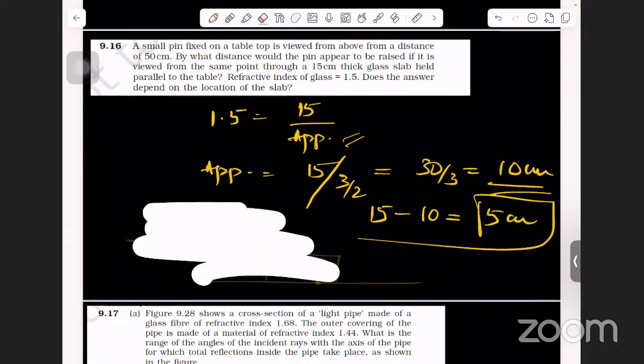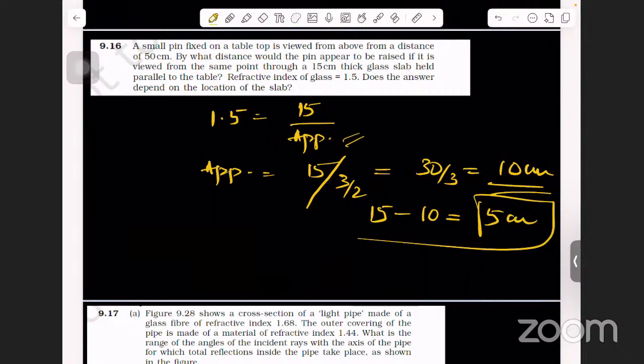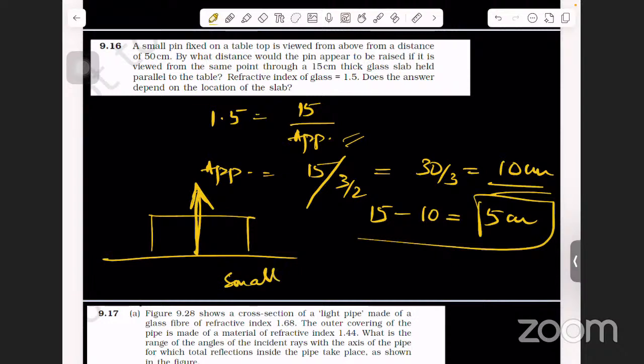Actually, for small angles of incidence, we are directly viewing from above, so the angle of incidence is practically zero. So for small I, it's independent. Remember, for small I, it will be independent.